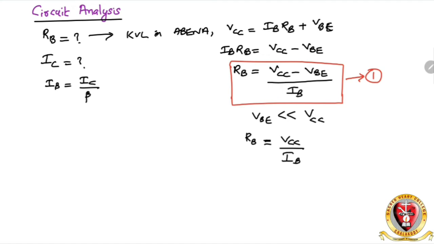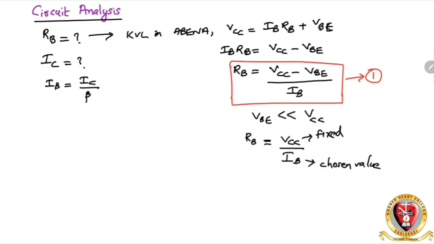Now look at the equation. We know that VCC is a fixed quantity and IB is a suitable value chosen by us. So this RB is independent of any other transistor parameters. The transistor parameters which vary inherently are beta and VBE.